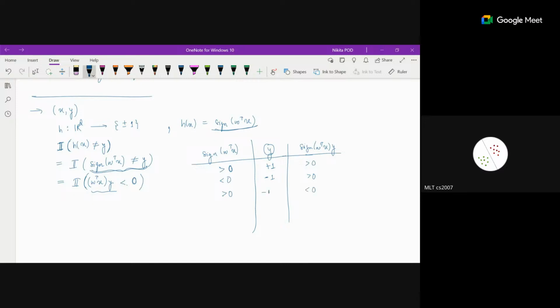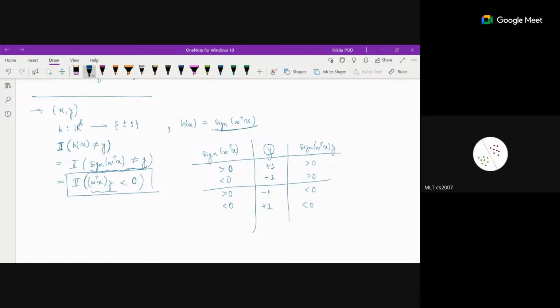And in case the sign of w transpose x is less than 0 and the true label is +1, then again this is going to give me less than 0. So we can write this loss function, the indicator of f(x) not equal to y, as this.